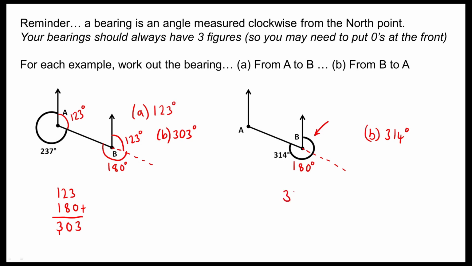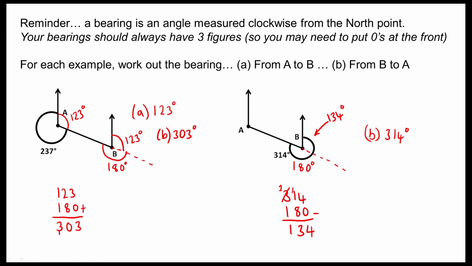So I've got 314, subtract 180, 4 take away 0 is 4. For the next part I need to borrow, and I get 11 take away 8, which is 3. And lastly 2 take away 1 is 1, meaning this missing angle here is 134 degrees.